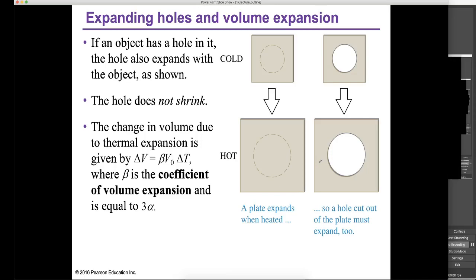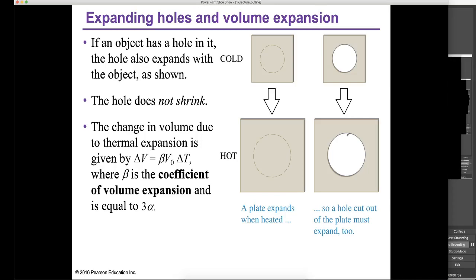So it's quite interesting that, let's say, if you have a square with a hole inside, and when the temperature is getting higher, or if the object is getting hotter, actually the hole inside is also getting bigger.